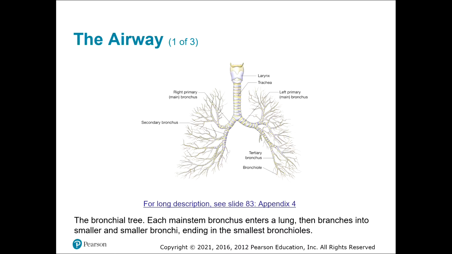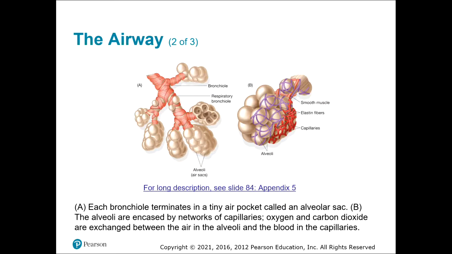That breaks off into our right primary bronchial and our left primary bronchial. And then those branch off into trees or branches to our secondary bronchioles, tertiary bronchioles, and so on. At the end of our bronchioles, we have these little grape-looking structures called alveoli.